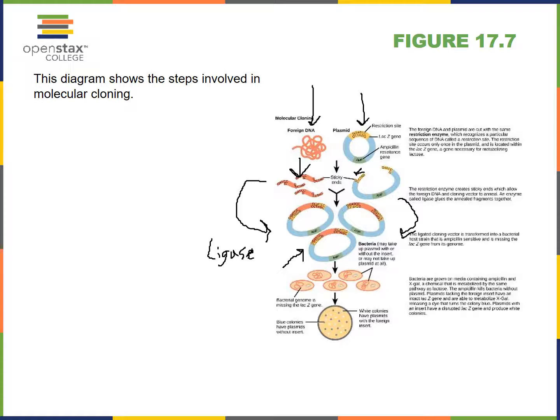So bacteria, if they get stressed out, will take up foreign DNA from the environment, just on the off chance that it is helpful to them in order to survive the environment. And the way you do this is you heat shock them. So you put them on ice. You would mix your bacteria on ice with your plasmid that you've created with the human insulin gene inside it.